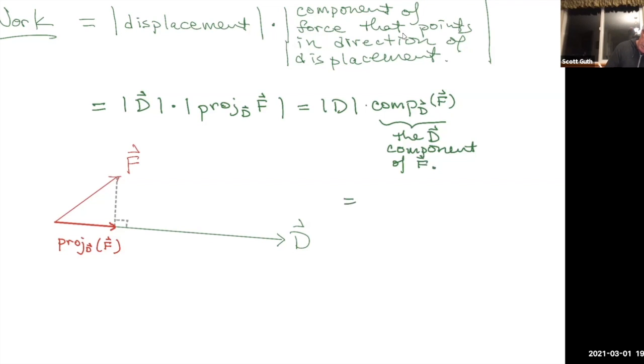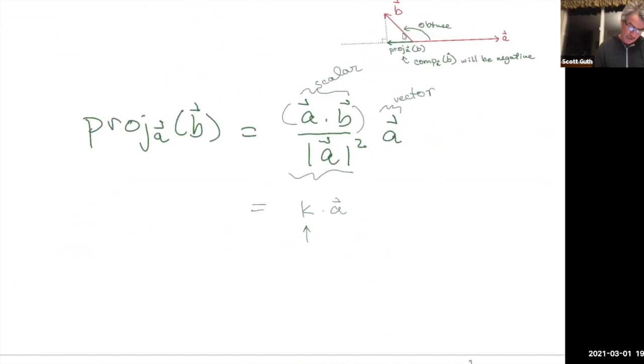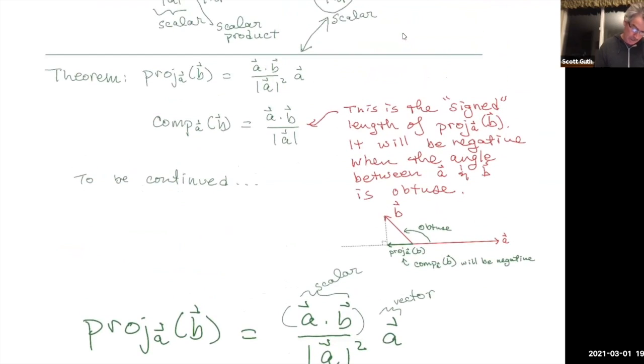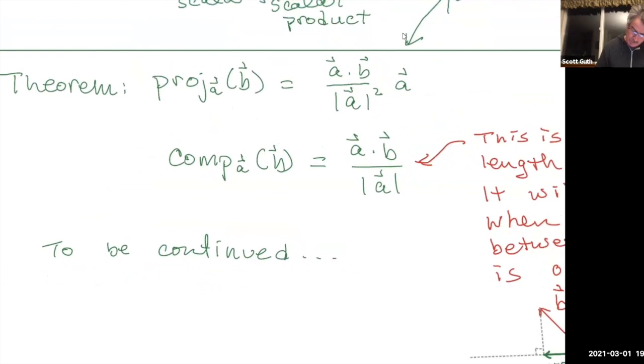And maybe we could look back at what the D component of F is. We have a formula up above for comp. So I'm just going to slide up here. So that's the A component of B. It's A dot B over the magnitude of A. So it's just the A that appears in here twice, the thing with the subscript.